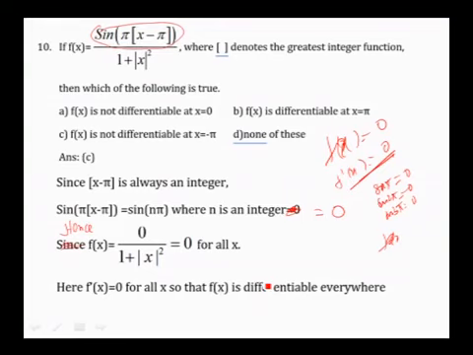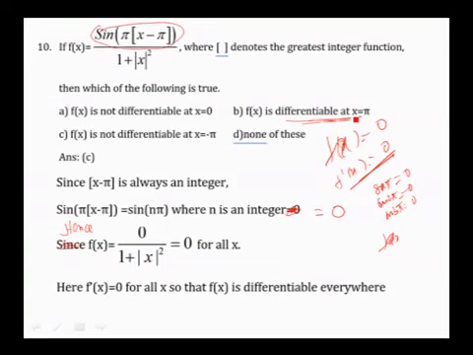Therefore the answer is C, f(x) is differentiable at x equals 0. In the answer given here, if you write f(x) is differentiable at x equals π, there is nothing wrong, because it is differentiable everywhere. The best option is differentiable at x equals π also. Even if it is given that it is differentiable everywhere, you can write that option.